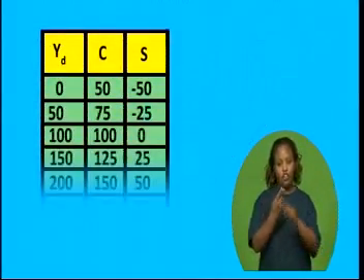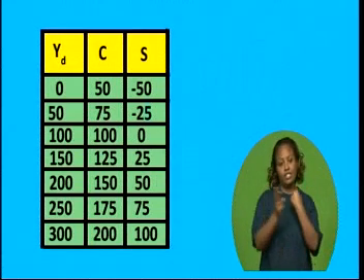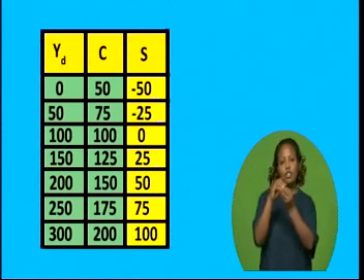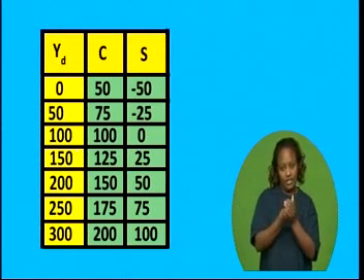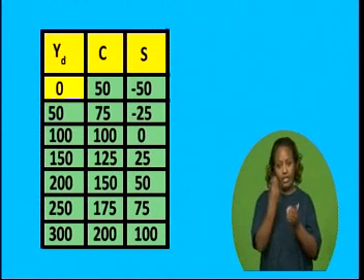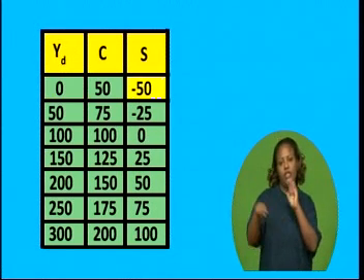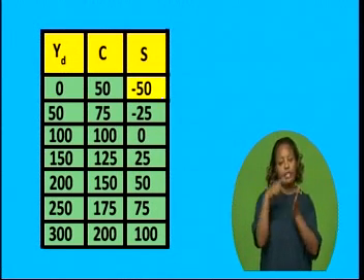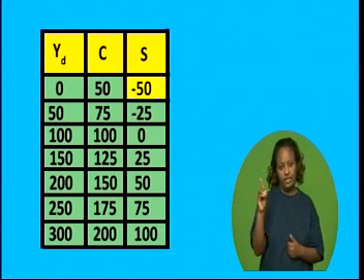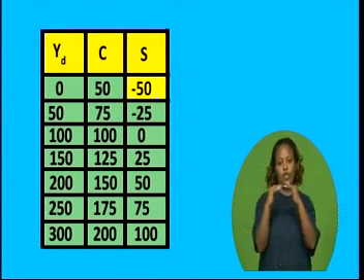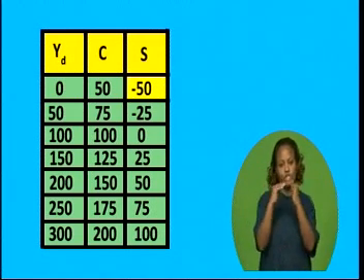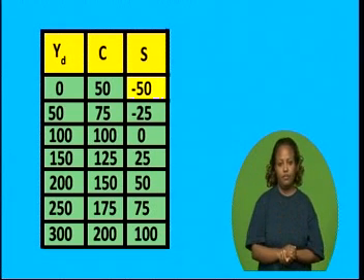As can be seen from this hypothetical saving schedule, saving S increases with disposable income YD. At zero disposable income, saving is negative. This means S equals YD minus C equals 0 minus 50 equals negative 50.